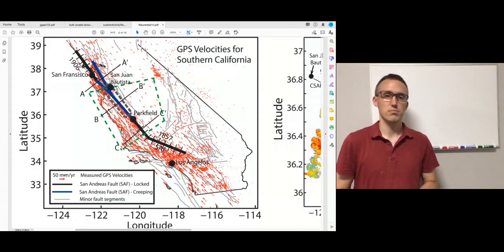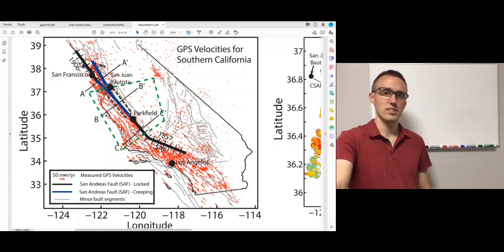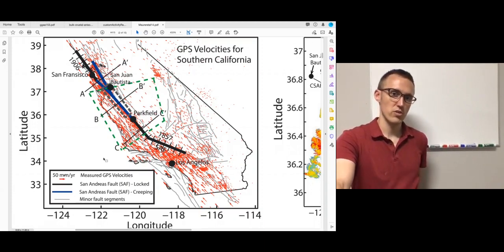How fast are these parts of California moving with respect to Missouri? And you can see on either side, especially in the central area, on either side of the San Andreas Fault, those arrows are very different lengths. So over here, we're more than 50 millimeters per year. Over here on the right, we're less than 50 millimeters per year. So there's this big jump across the San Andreas Fault.